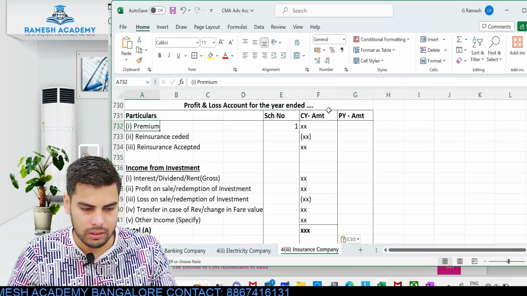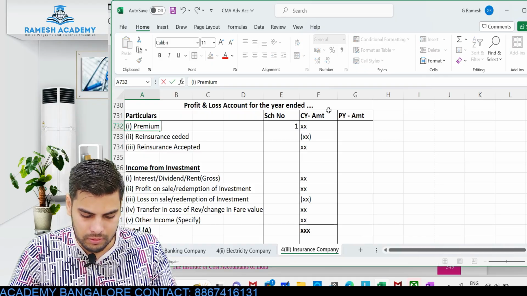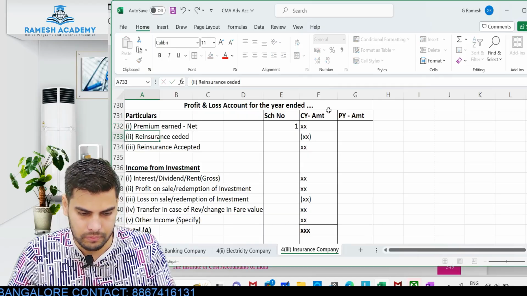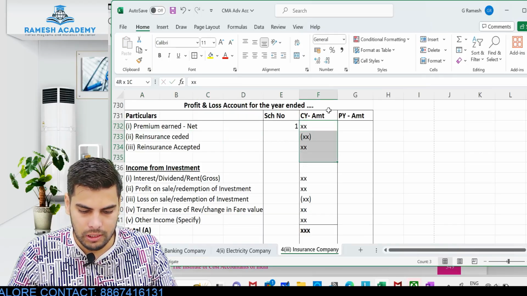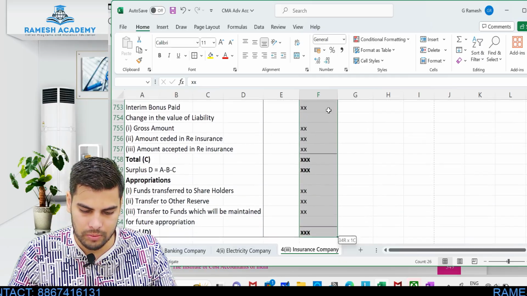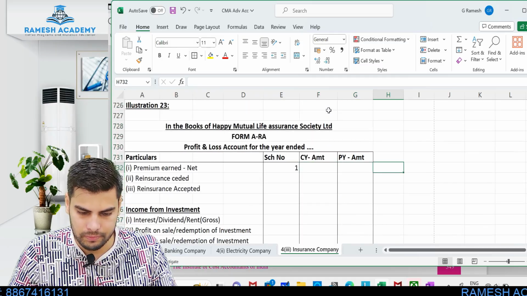Look at this, the premium earned, net amount. We'll write the actual figures once we are done with these particular schedules.